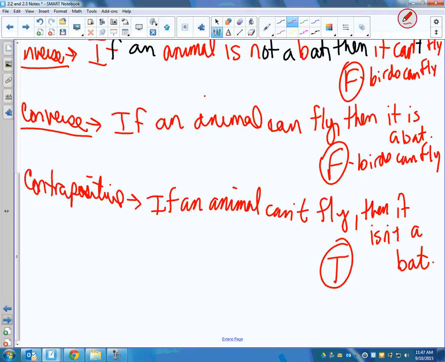I say this is true because if it can't fly and we know bats fly, then it can't be a bat. So you have to think about the if part going to the then part. If it can't fly, it can't be a bat. So that's true. People struggle with it because it's a double negative. We don't normally deal with double negatives that often.